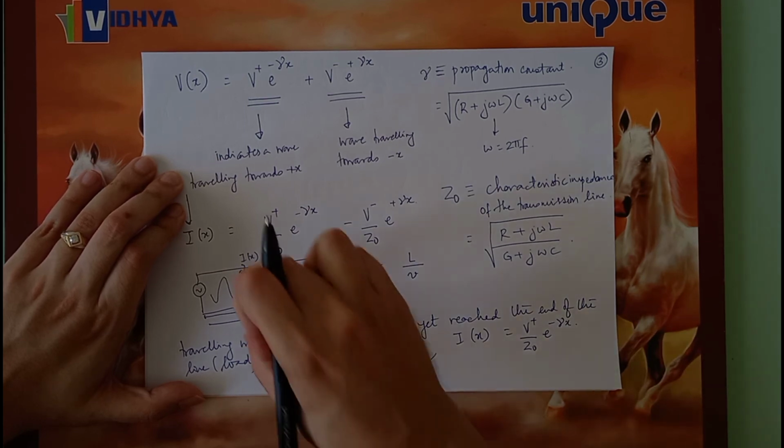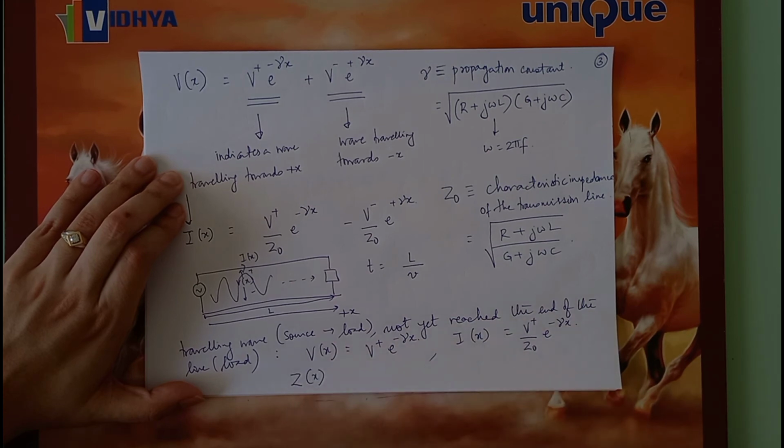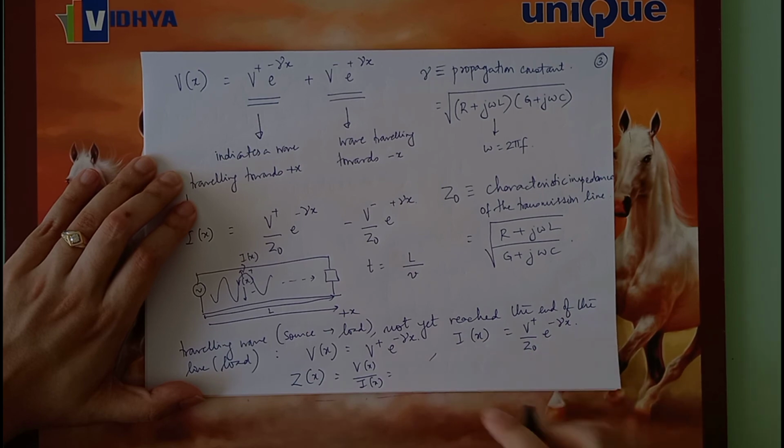Now, suppose I want to measure what is the impedance seen at any point of the line, that is z of x. That is nothing but v of x by I of x. Simply divide these two, what will you get? You will get Z0.